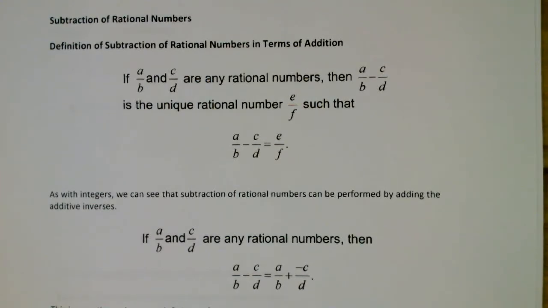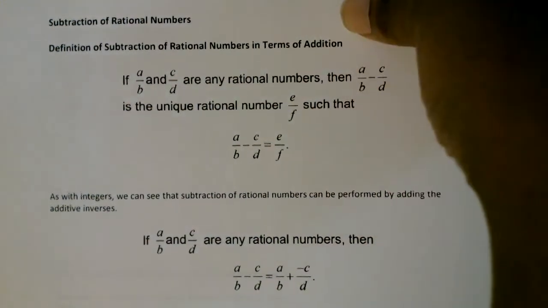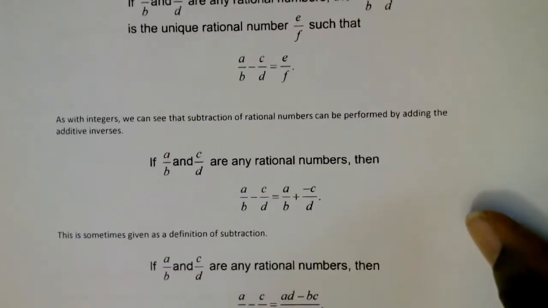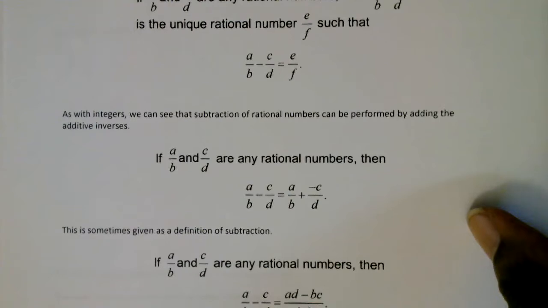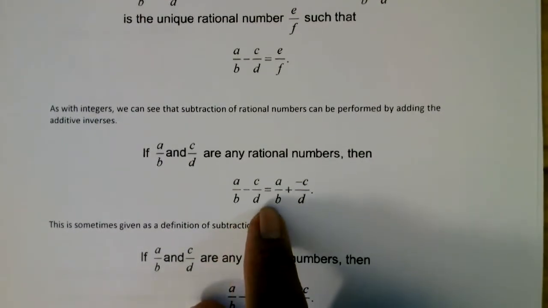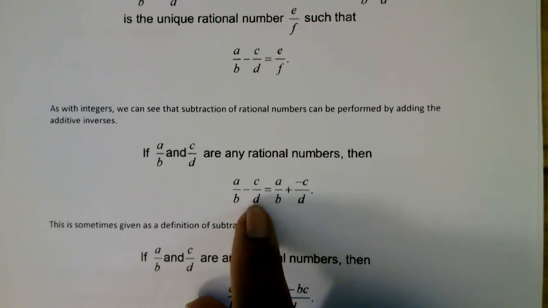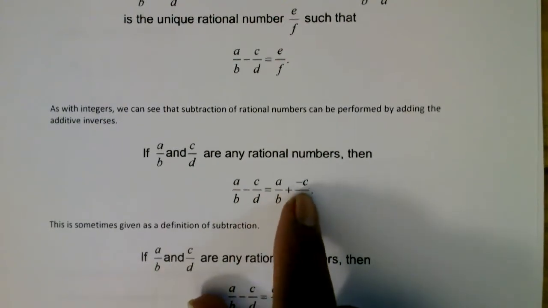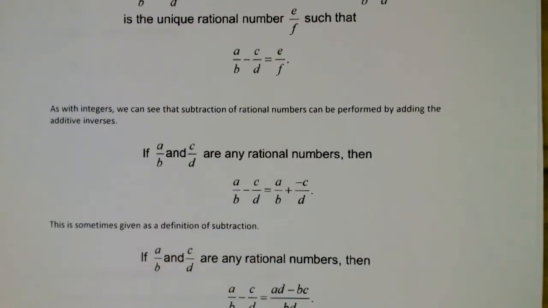And as with integers, we can see that subtraction of rational numbers can be performed by adding the additive inverses, or adding the opposite. So if a over b and c over d are any rational numbers, then a over b minus c over d is the same as a over b plus the opposite of c over d, which will be negative c over d.